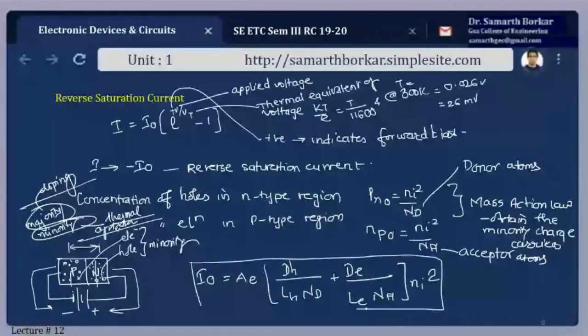So this will be the modification in the equation. So I hope this is clear to all.